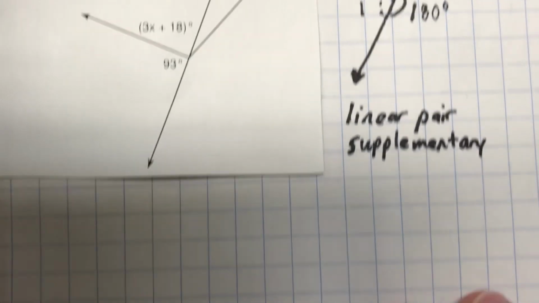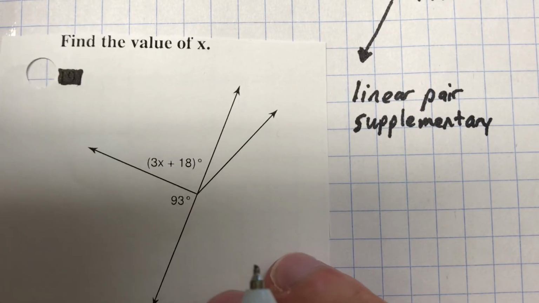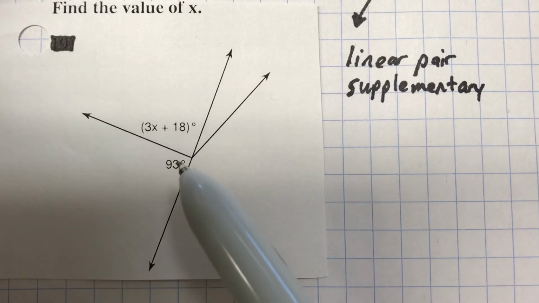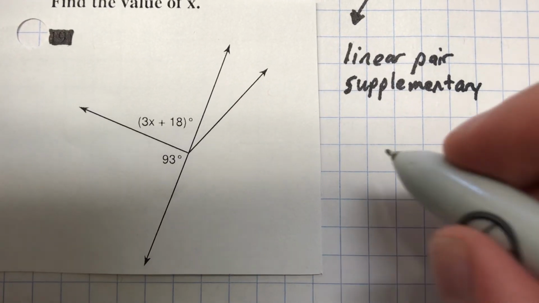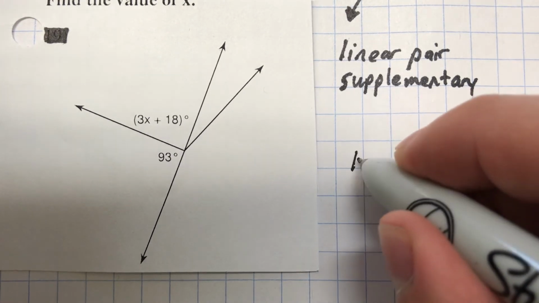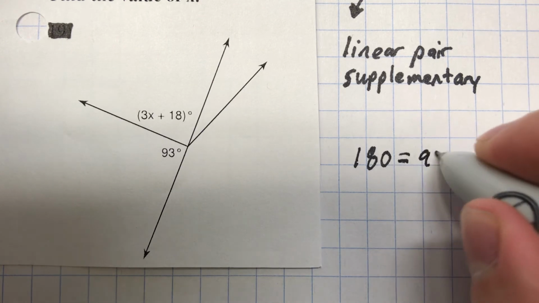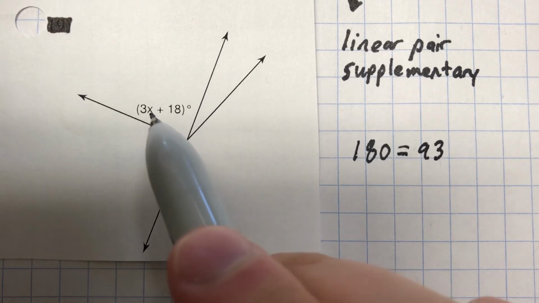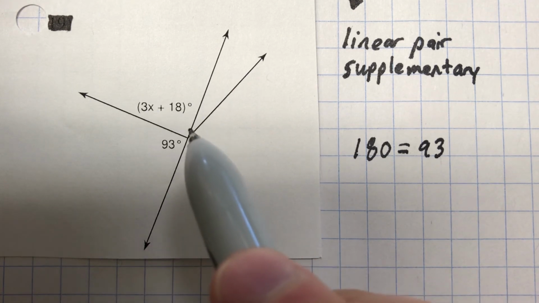So then we can go on to solve the problem, right? They're linear and they're supplementary. So what I'm saying is 93 plus quantity 3x plus 18 is equal to 180. They're supplementary. Now it's in parentheses here, but it's only in parentheses because they're attaching the unit to the whole thing.